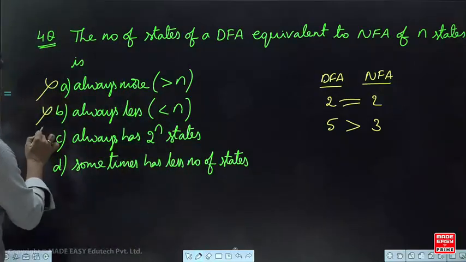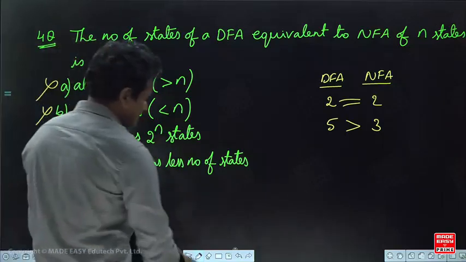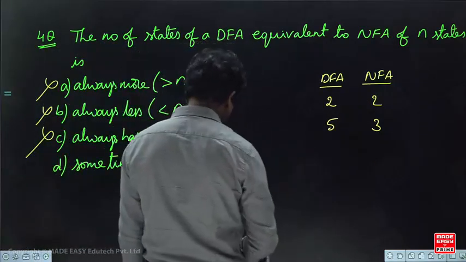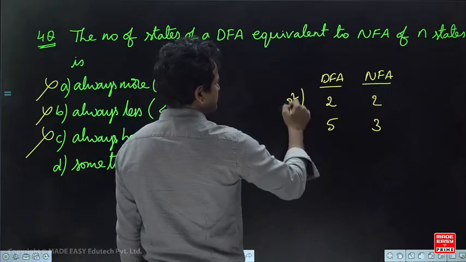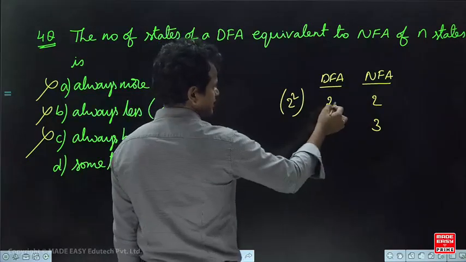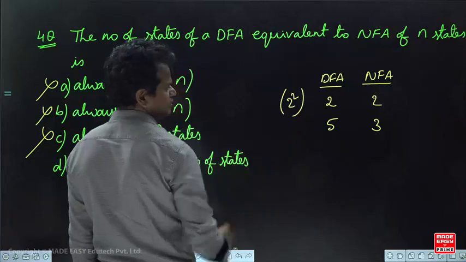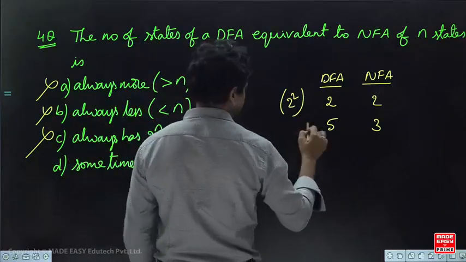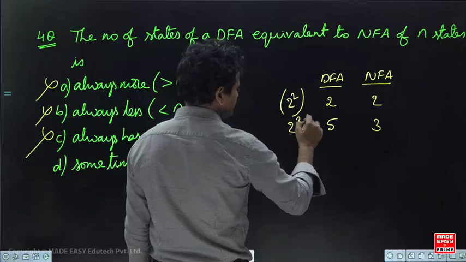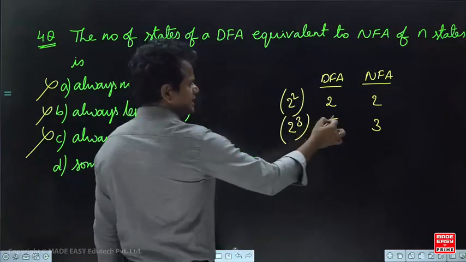Always 2 power n. If it is correct, then according to this formula, when the NFA has 2 states, what is 2 power n? 2 square, 4 states has to be there. But is it 4? No. If 2 power n is correct, then 2 power 3 is 8. How many states do we have? 5.